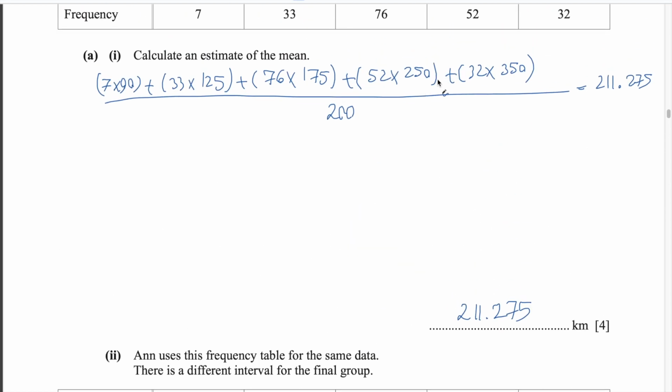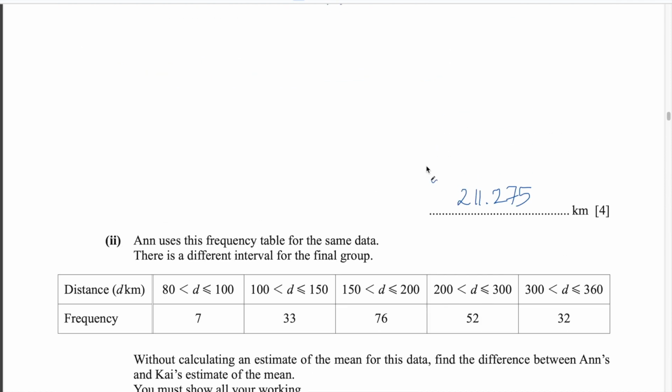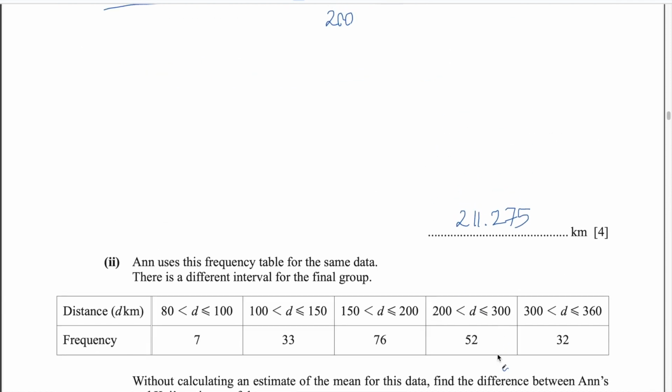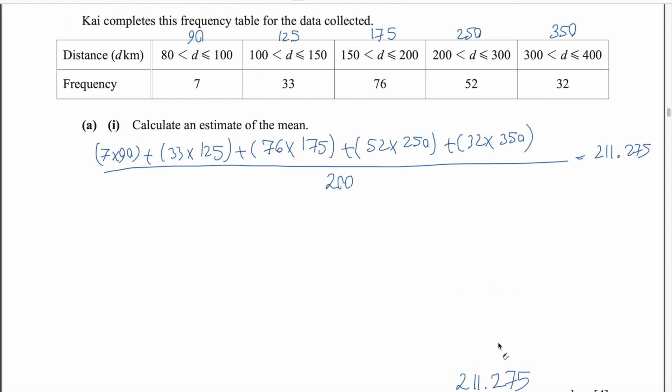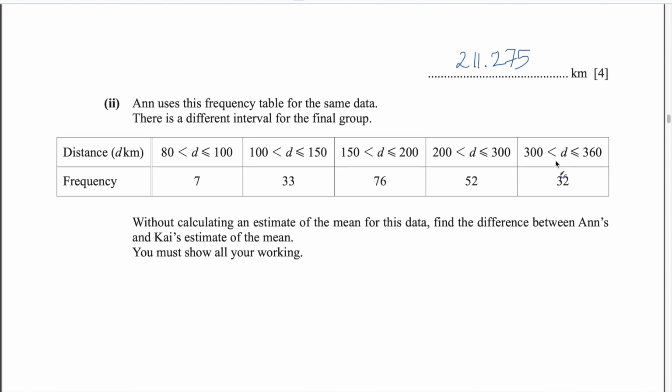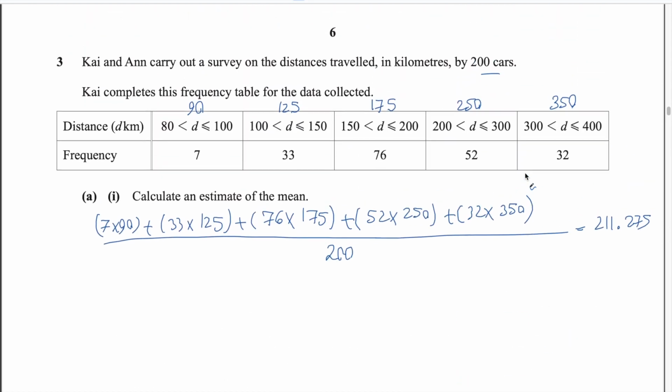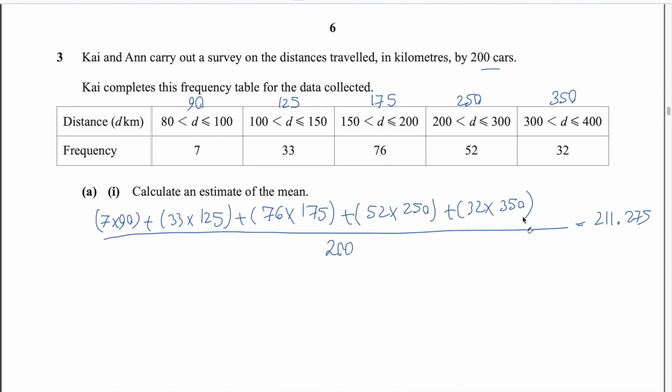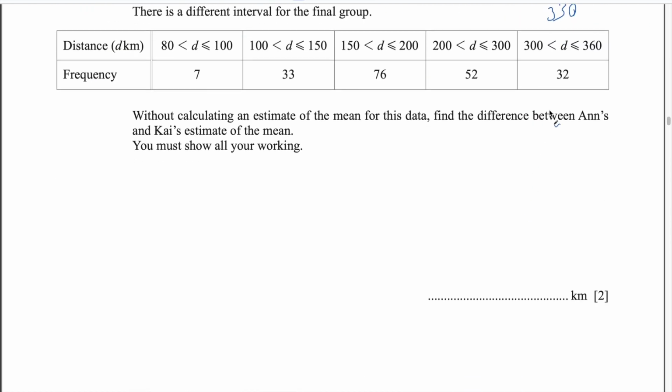So until here your calculation is the same, until this interval. But for the last interval, here the mid value is 350, but here the mid value is 330. So here 32 is multiplied by 350, but here 32 is multiplied by 330.